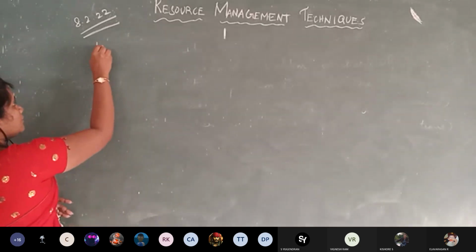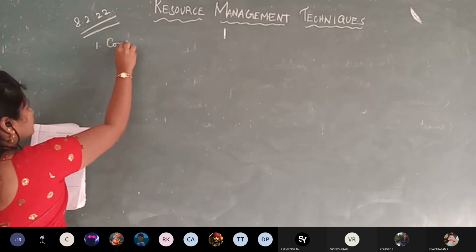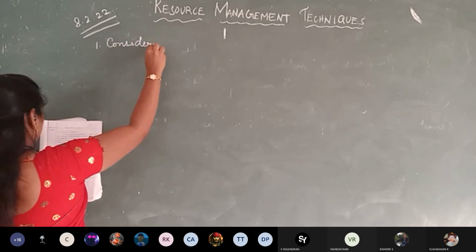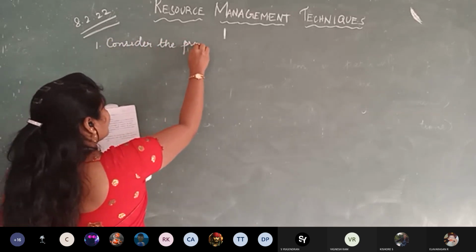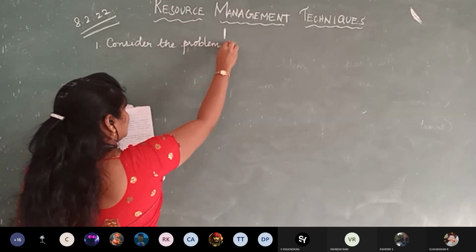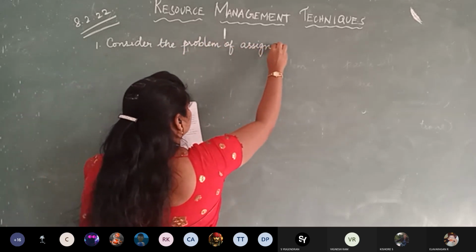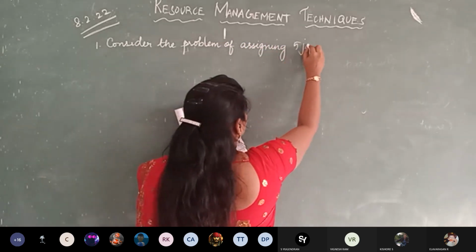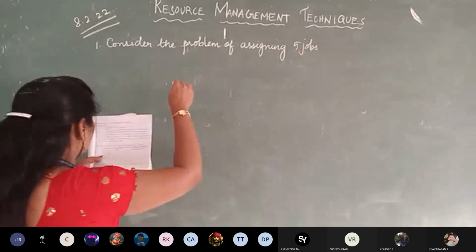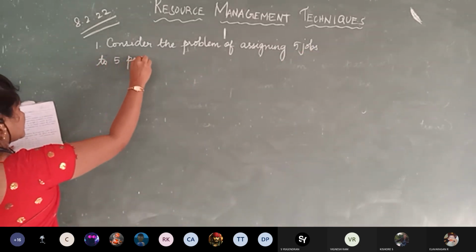So write your first question. Consider the problem of assigning 5 jobs to 5 persons.